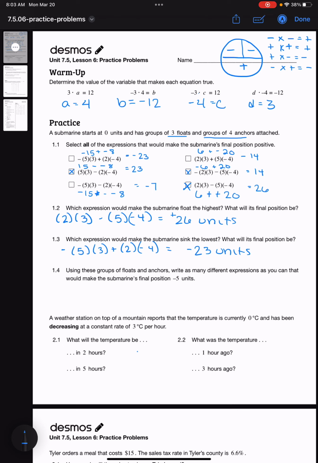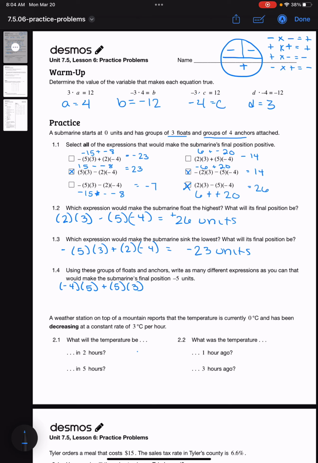Using these groups of floats and anchors, write as many different expressions as you can that will make the submarine's final position negative 5. So I could do something like negative 4 times 5 would give me negative 20, and I could add 5 times 3.